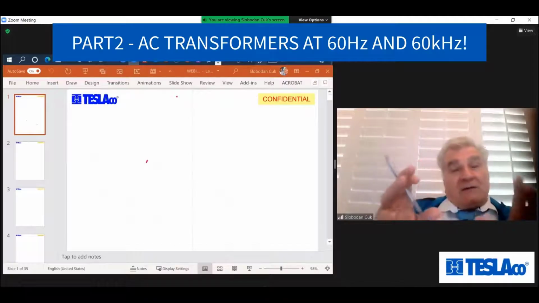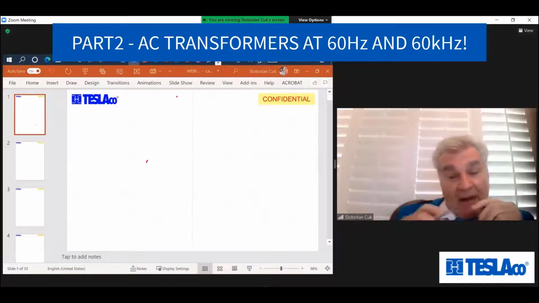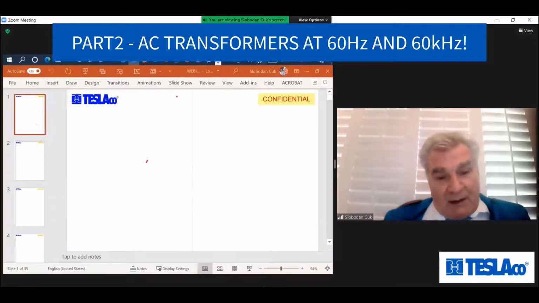Let me give you the basics of a transformer. The transformer was really implemented for the first time by Tesla in this three-phase system, and it also worked in a single phase. It is something that has to have inductance.